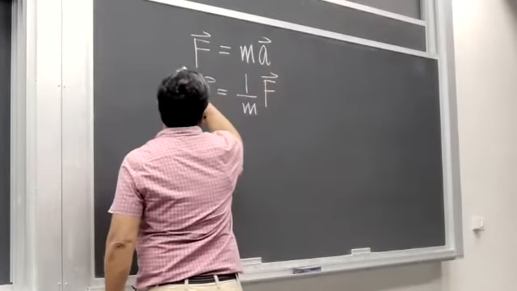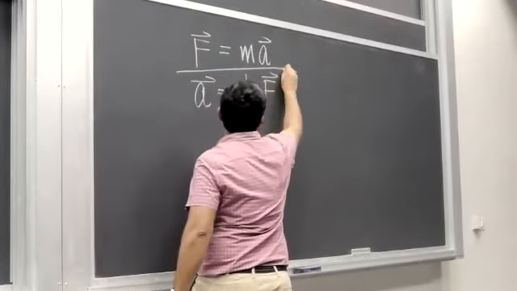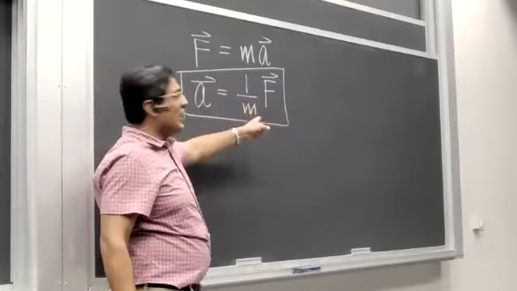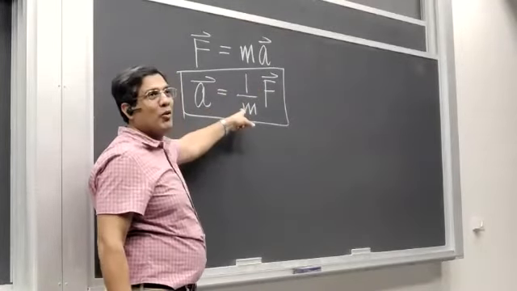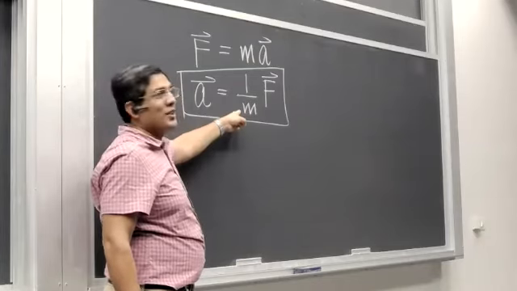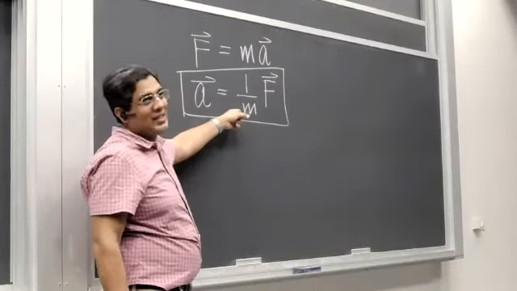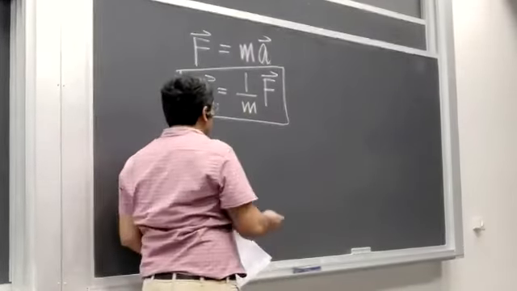So acceleration is proportional to the applied net force, of course, and it's scaled by mass, because for a given force, a lighter object would accelerate more and a heavier object would accelerate less. And that also takes us to the definition of mass.